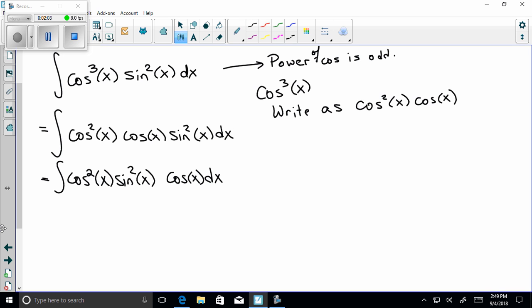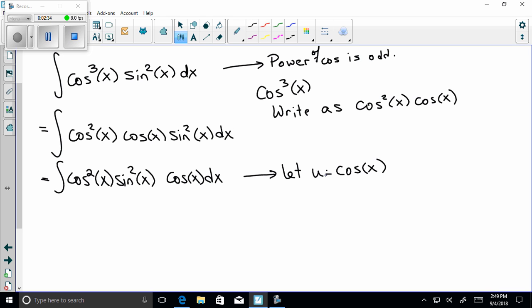Now, since cosine was the one where the power was odd, I'm going to take my u to be sine x. Okay? So which one had the odd power? Cosine. What do I take as my u? Sine. So let u be sine x.